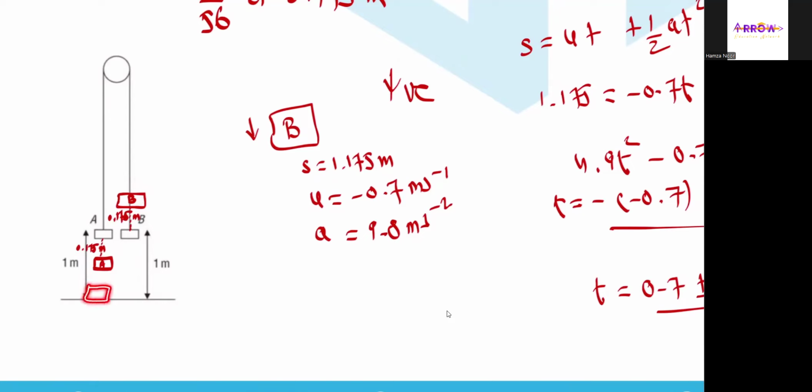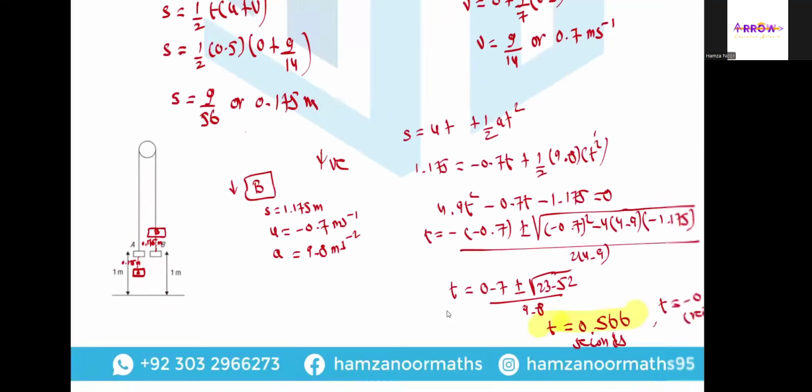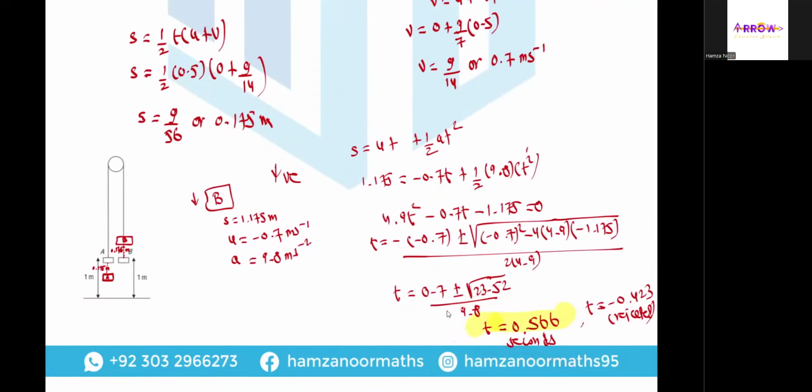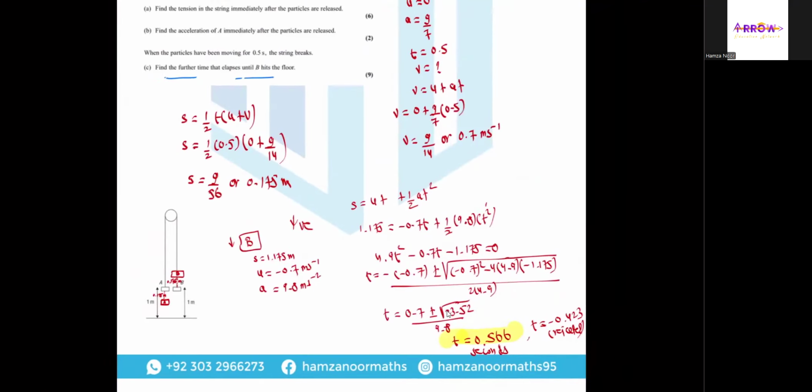When A would hit the floor, then particle B would go above for a while under the effect of gravity. This would not be happening over here. Immediately after 0.5 seconds, this string is cut. So here is your answer. Congratulations, here is your answer. t is equal to 0.566 seconds, correct to three significant figures.